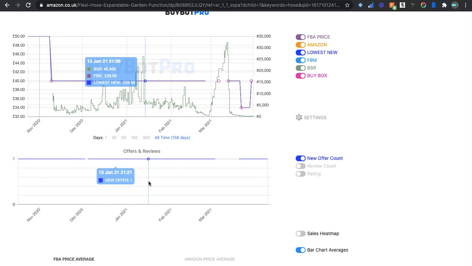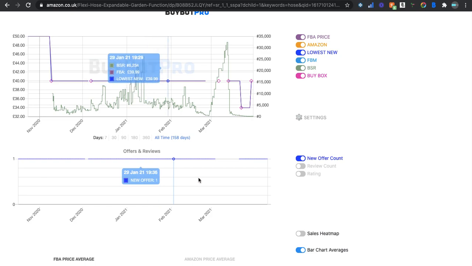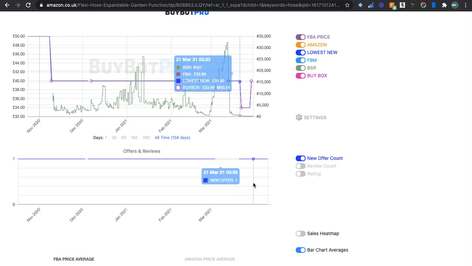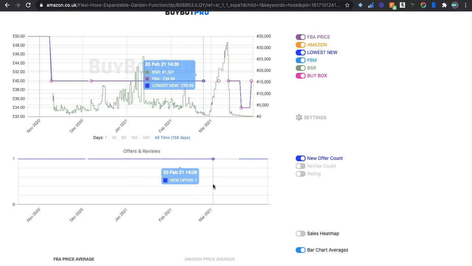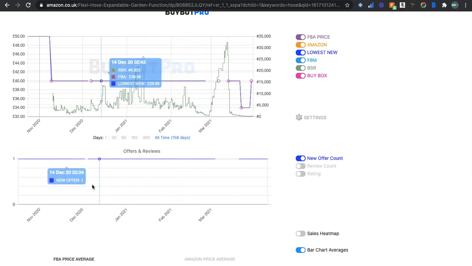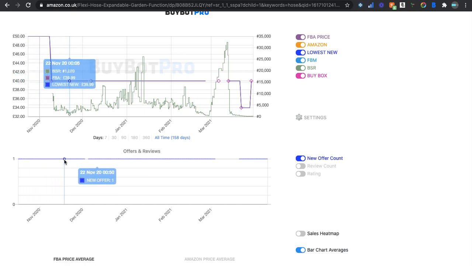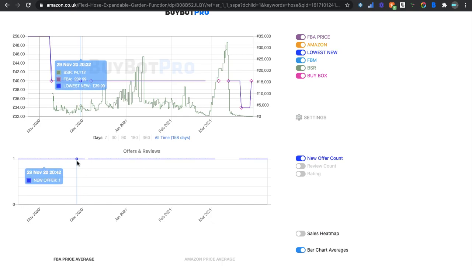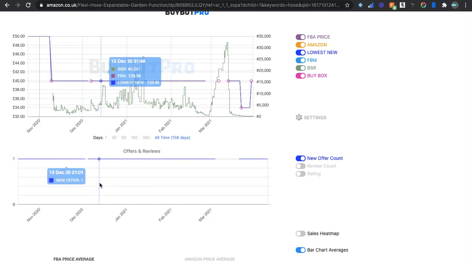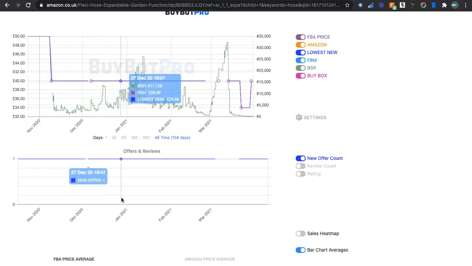And what do I mean by due diligence? You need to understand why there's only one seller and whether they've just got lucky, or whether it's an item that is restricted and you're not allowed to sell. And you do this by checking the amount of sellers that are popping on and off. Now, this is a bad example, but for example, if we had 15 sellers on here, so what I mean by that is the new offer count was 15, and you could see that there was 15 sellers here consistently, and then all of a sudden it dropped down to 5, and then a couple of days later to 1.